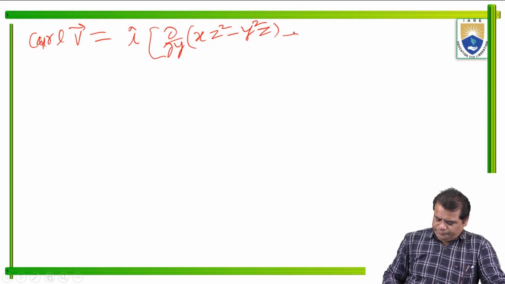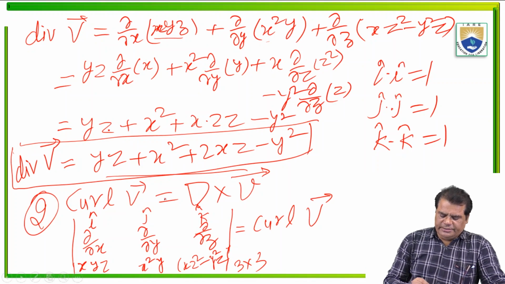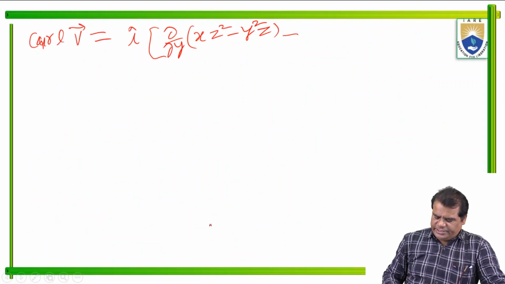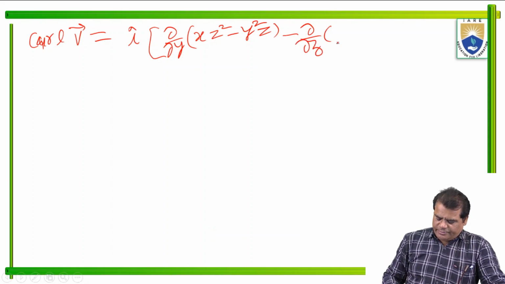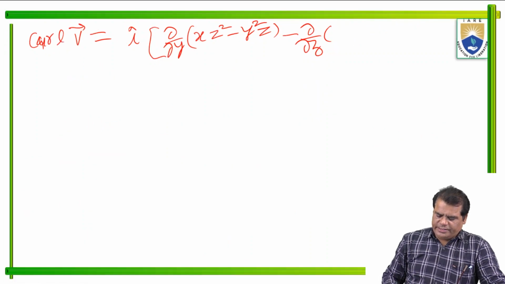Minus this, this cancels, this minus this: minus ∂/∂z of, in bracket, the second term x square y.